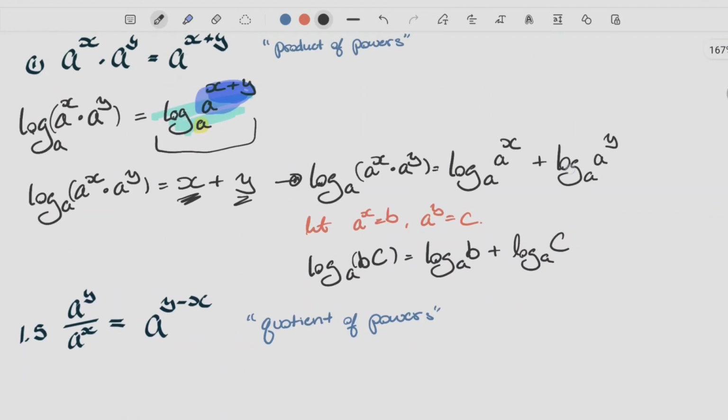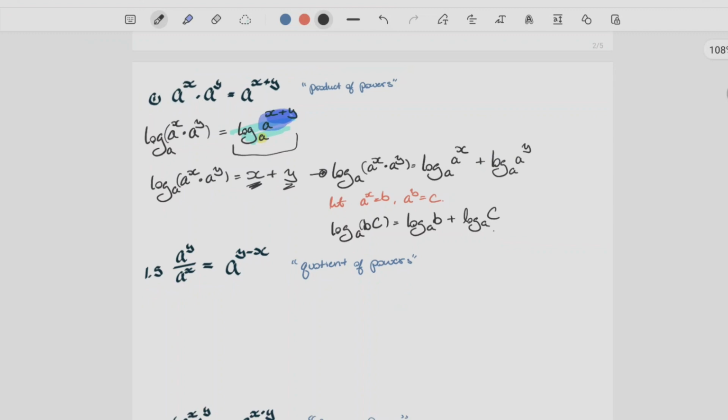Pretty much, you're adding the exponents, because multiplication in the exponent or power world is addition. Multiplication is addition in the power world.